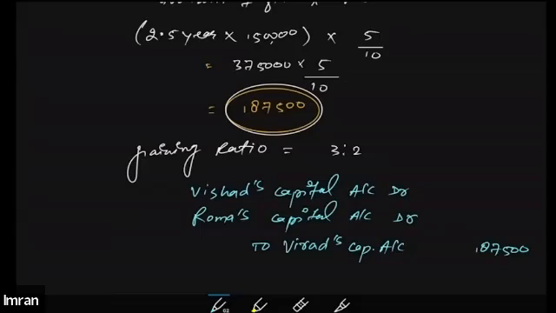So 1,87,500 into 3 by 5, 1,12,500. That Vishad's account will be debited by 1,12,500, and for the remaining amount, Roma's account will be debited 1,87,500 minus 1,12,500. That means 75,000.